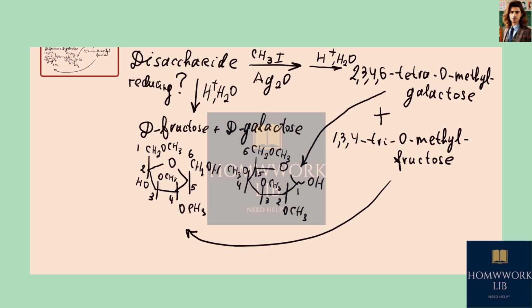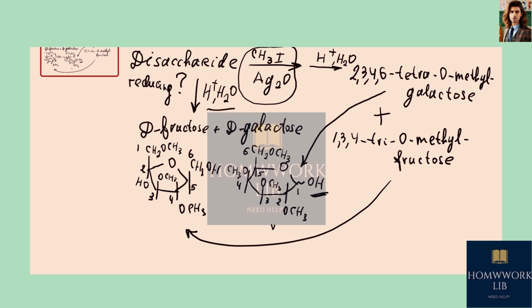Let's look at the galactose derivative. It has only one free OH group. This reagent does complete methylation. It methylates all available OH groups. So now, why is this group not methylated? Two reasons. First, it wasn't methylated in the first place, and second, it was hydrolyzed under those conditions.